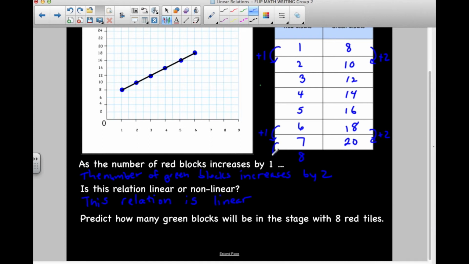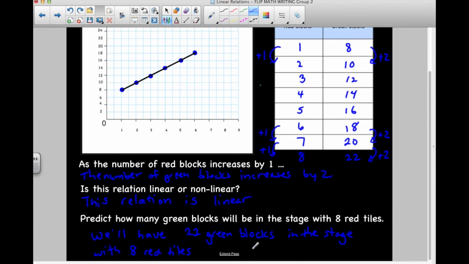I can add 1 red block, and I can add 2 green blocks. 20 plus 2 is 22. We'll have 22 green blocks in the stage with 8 red tiles.